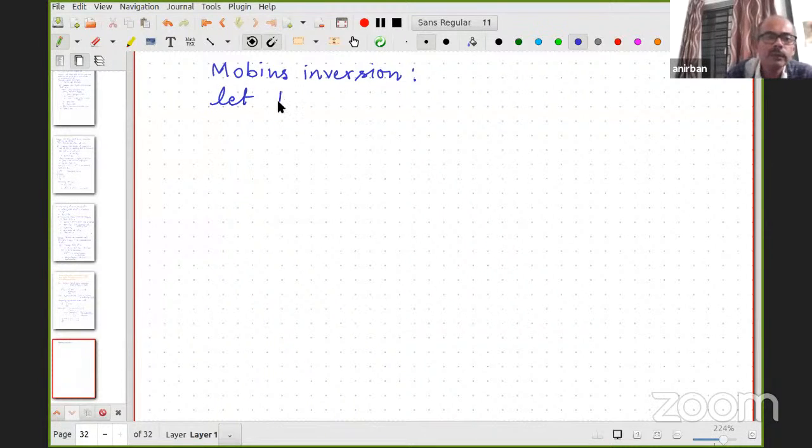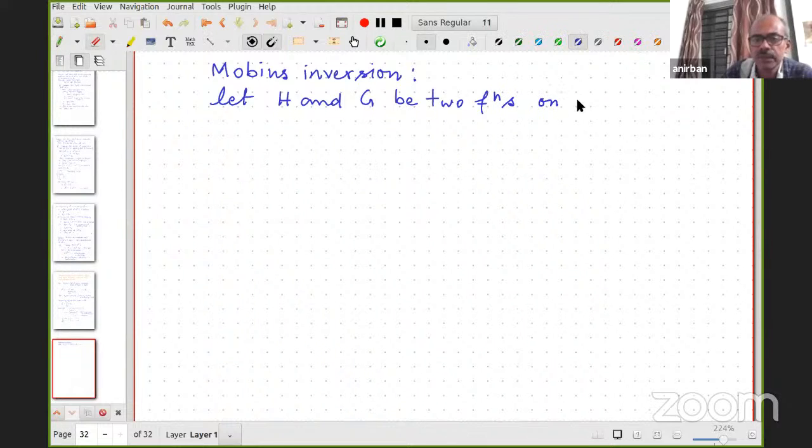So let's say h and g be two functions on natural numbers, just real valued functions.